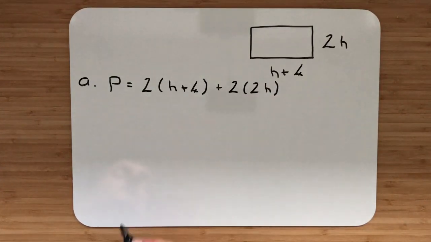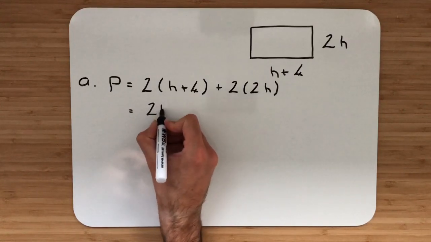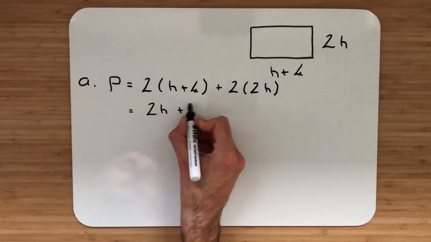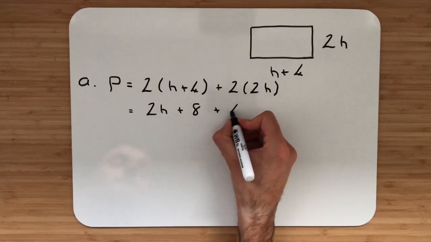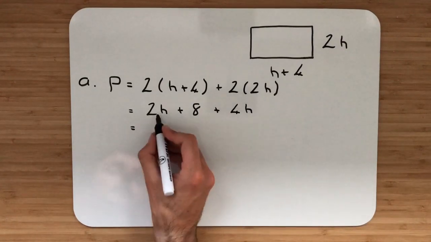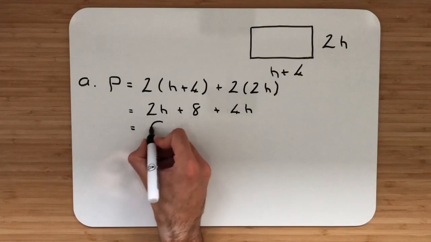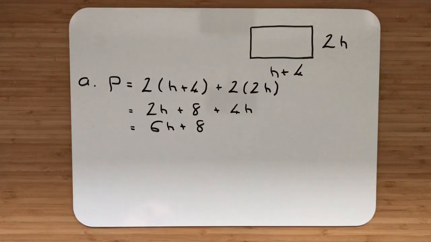So from there, we want it in its simplest form. Let's expand. So that gives me 2h add 8. And then 2 multiplied by 2h will give me 4h. Tidy up. 2h add 4h gives me 6h. And then we add on our 8.